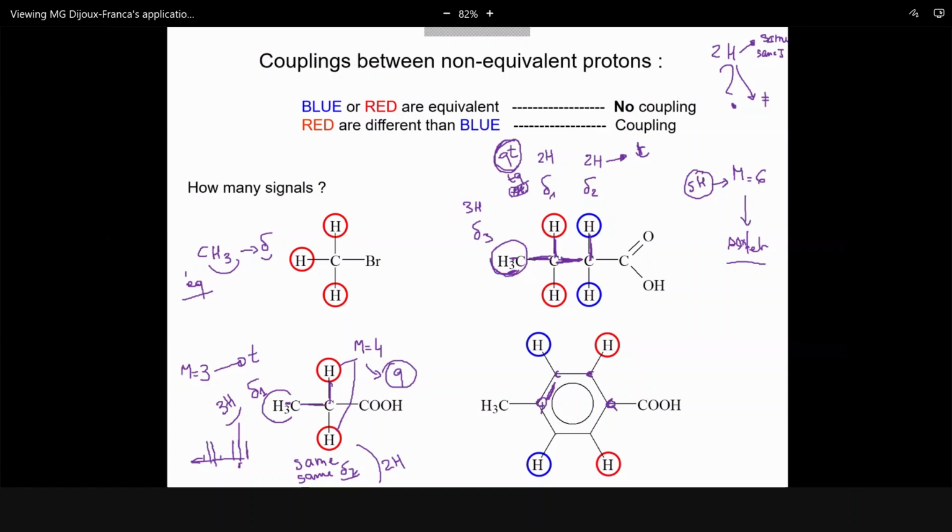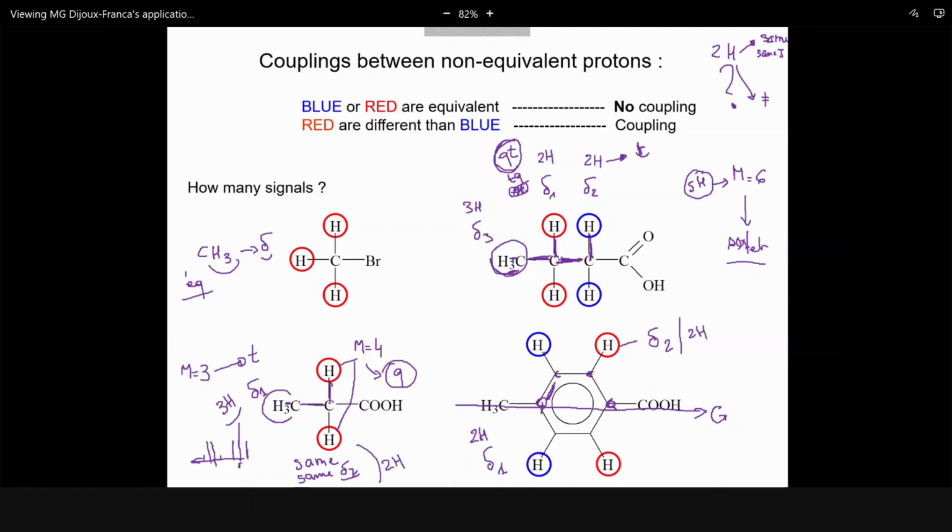So if I'm able to see an axis of symmetry, then I can say that these two protons, the blue ones, are equivalent. I will have only one chemical shift integrated for two protons for the blue one, and for the red one I have the same. They are the same, so I have a second chemical shift integrating for two protons.